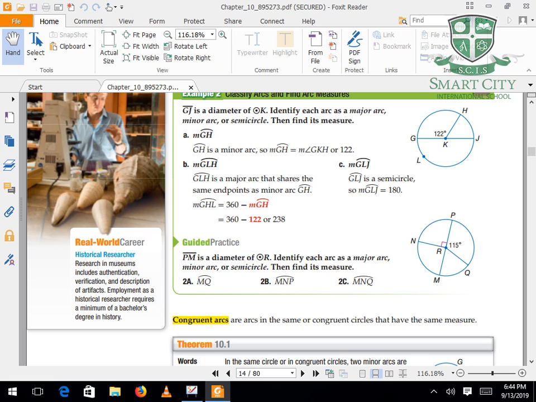Measure of arc GLH. GLH, yes, from G to H also, but major, not minor. Why?